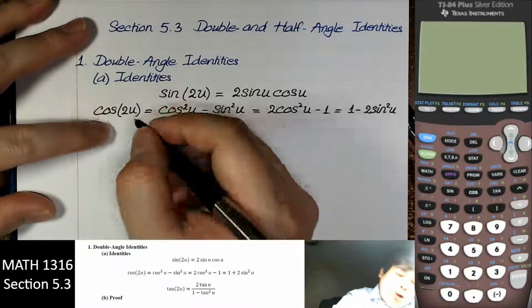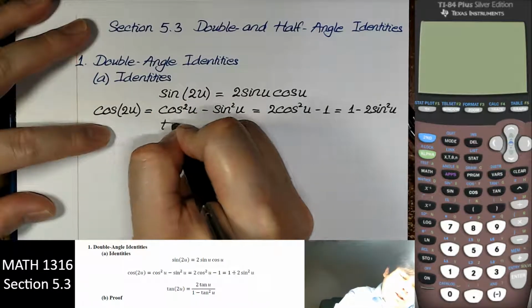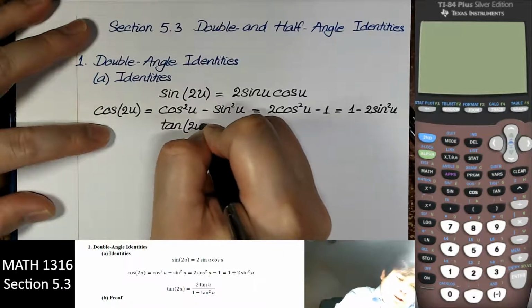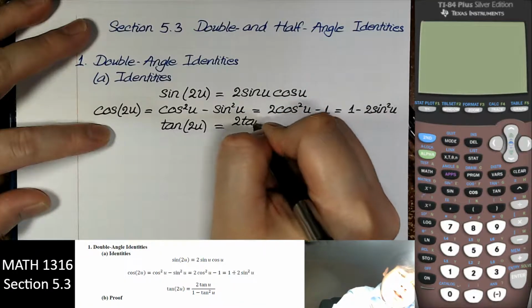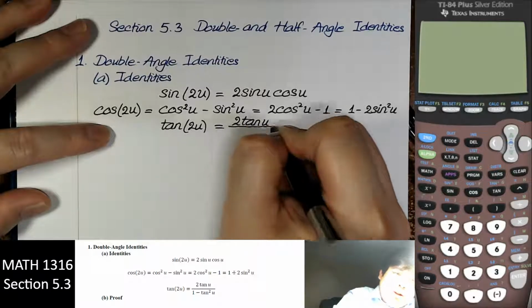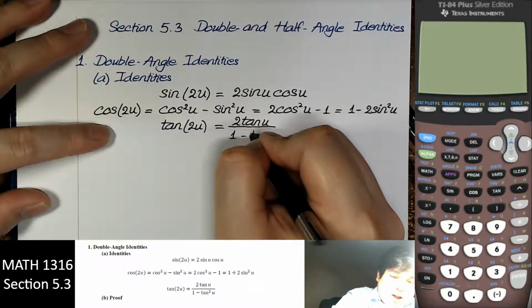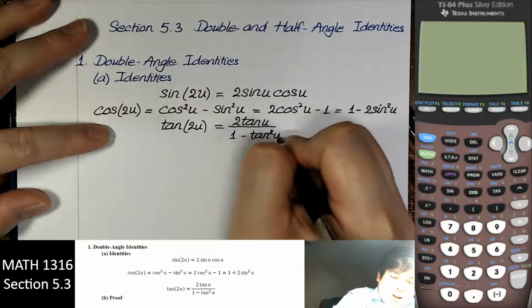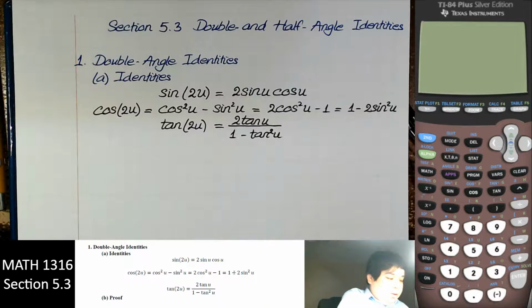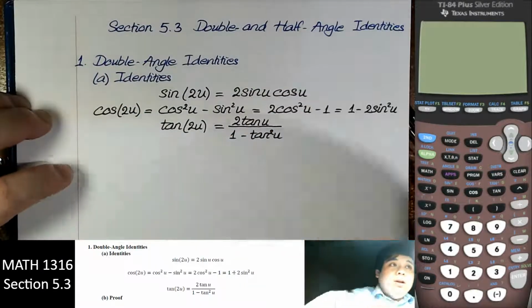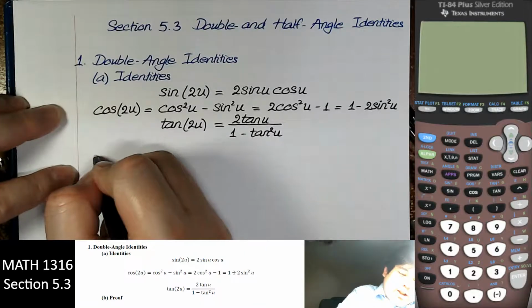And then tangent of 2u equal to 2 tangent of u over 1 minus tangent square. Right, now we try to prove it.